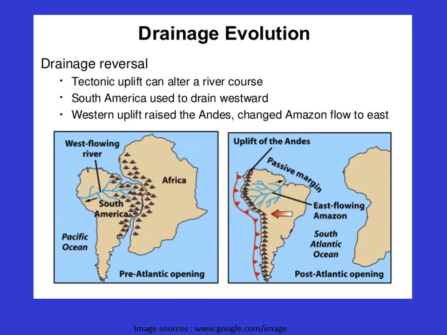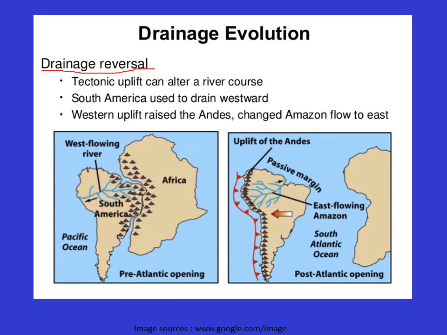Now one important thing, that is drainage evolution. In drainage evolution, one important incident happened, that is drainage reversal. The thing is very simple: the flow direction of a river channel changes through time due to some tectonic activity. Say for example, the flow direction of rivers in South America.